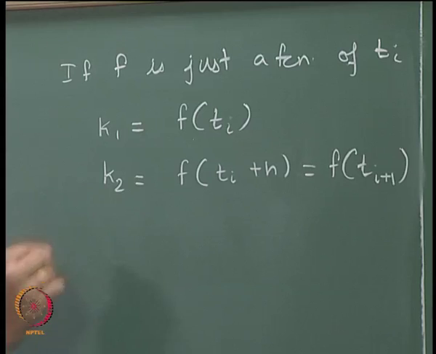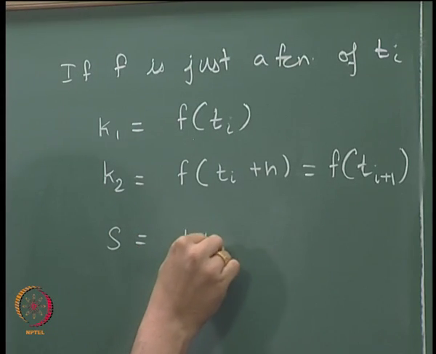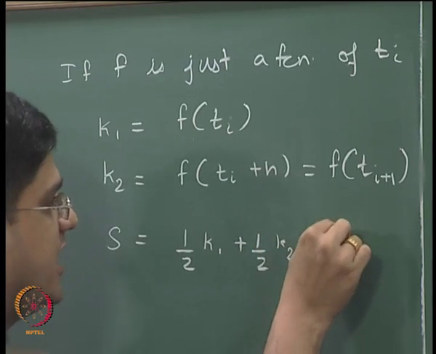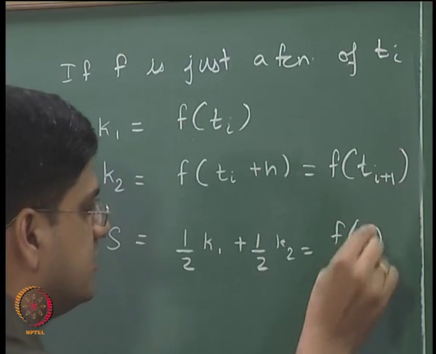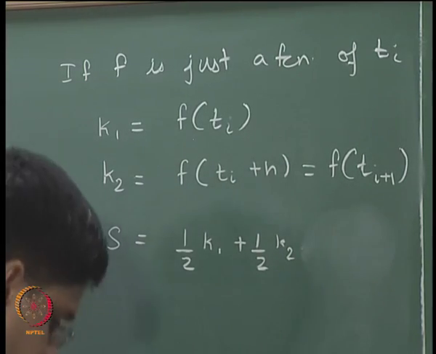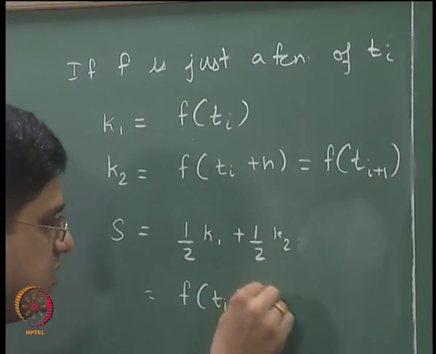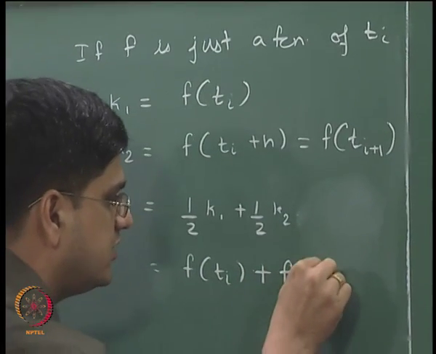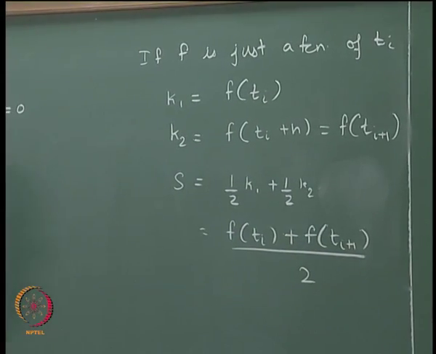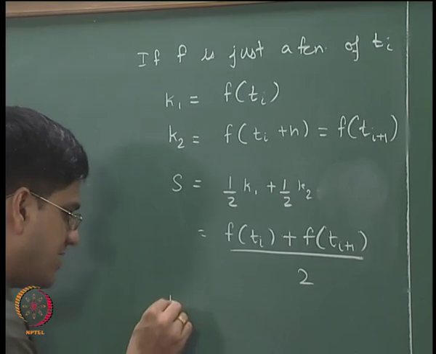So our S is going to be half multiplied by k1 plus half multiplied by k2, which is equal to f of ti plus f of ti plus 1 divided by 2, okay.